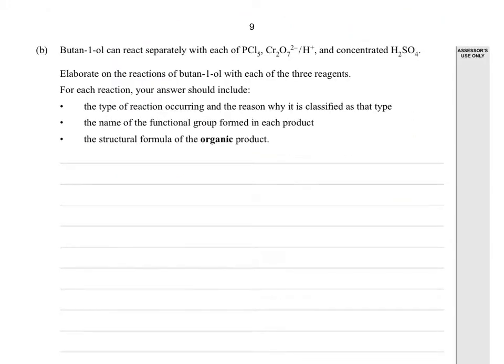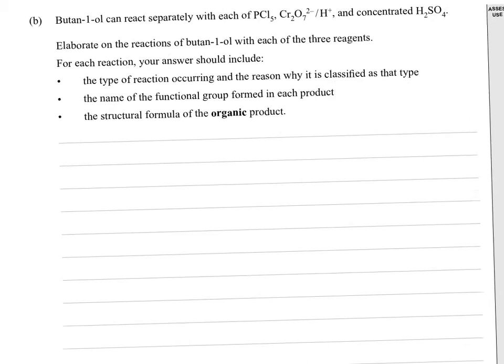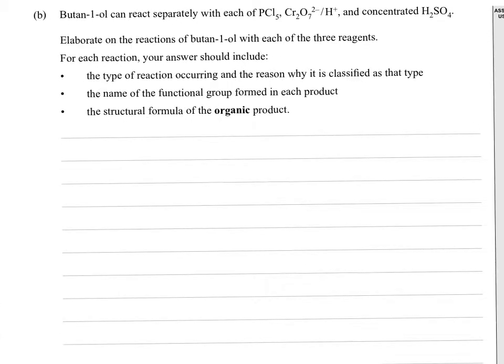Okay, last page. Looks like another reactions question, so let's have a careful read of this. Butan-1-ol can react separately with PCl5, acidified dichromate, and concentrated sulfuric acid. Elaborate, which means expand or give more detail on these reactions, or the reactions of this with each of the three reagents.